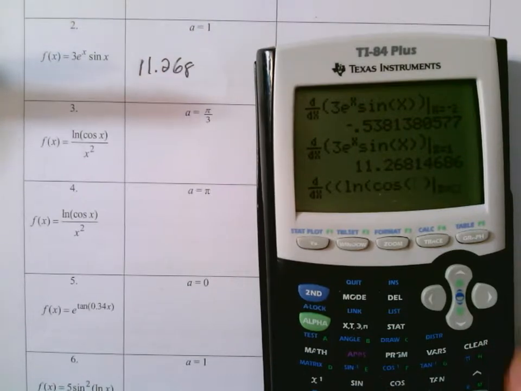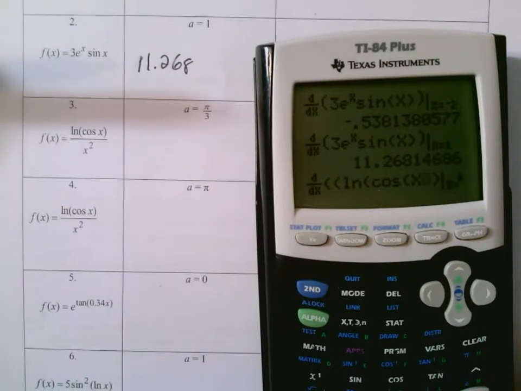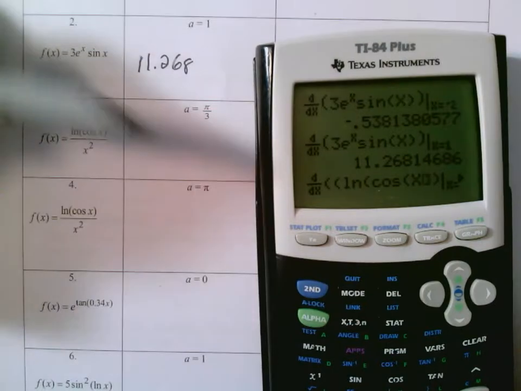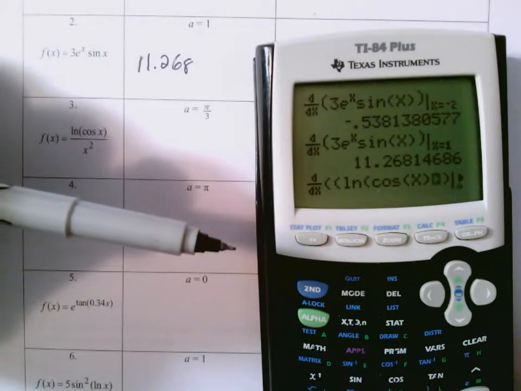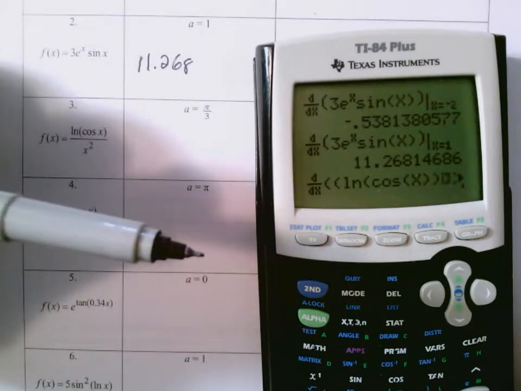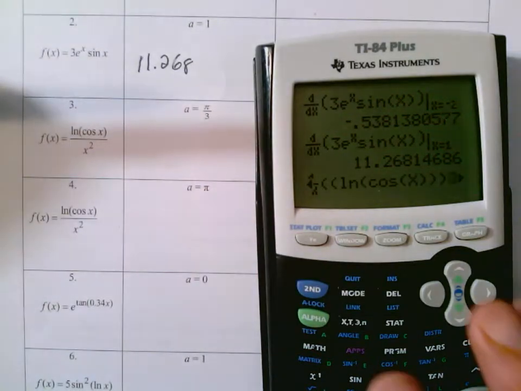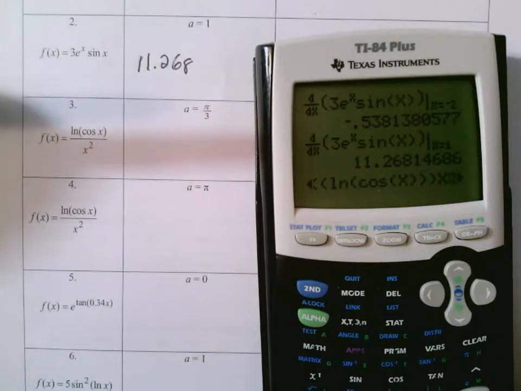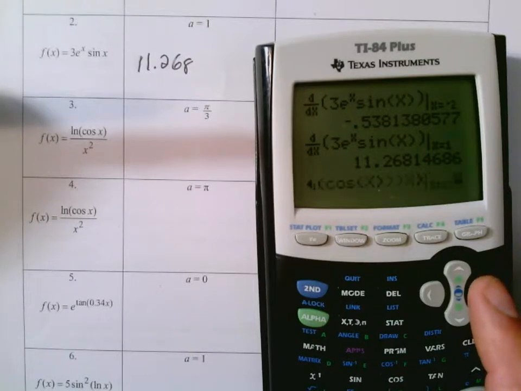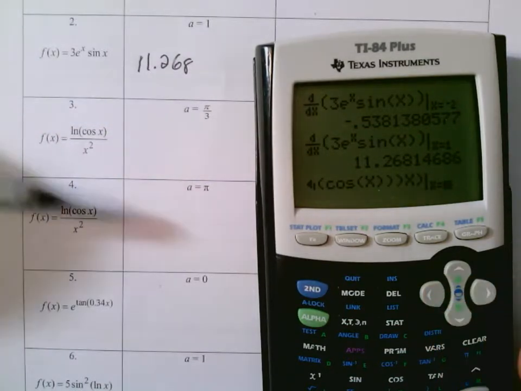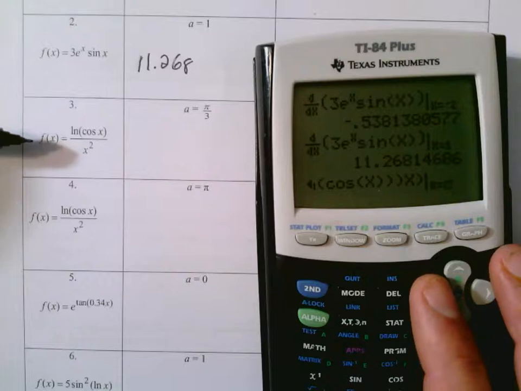It always makes me feel better to put in more parentheses than I need. So I'm going to close out the parentheses with the cosine x and with the ln x, and I divide that by x, and then oh sorry, this is x squared.